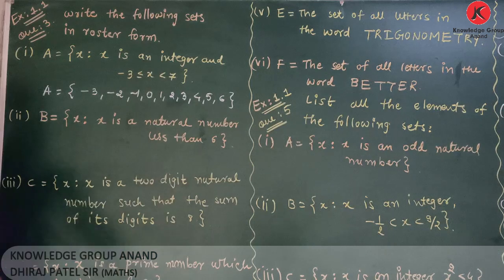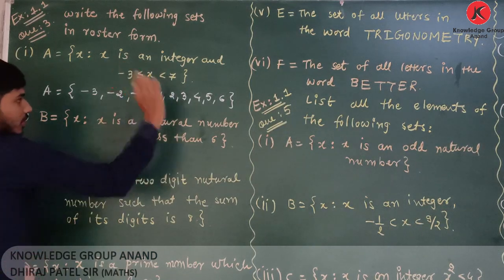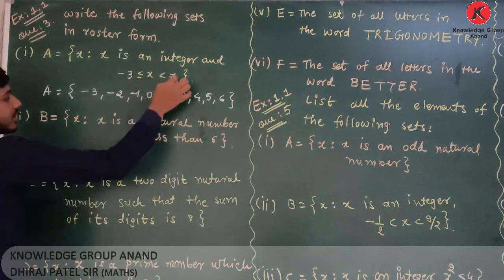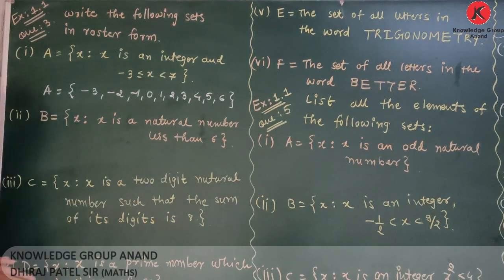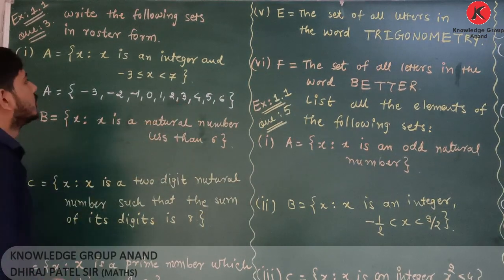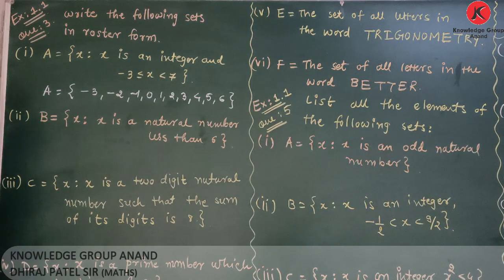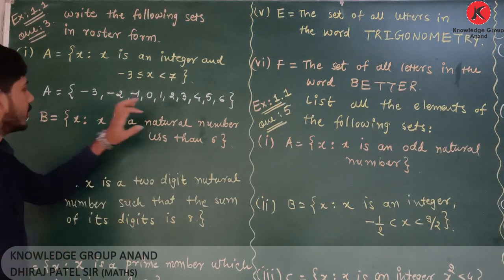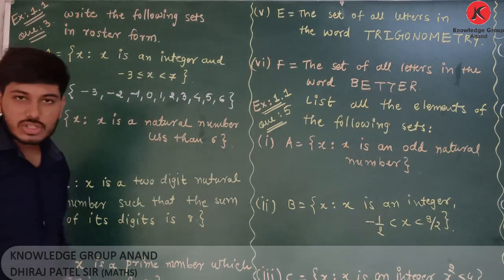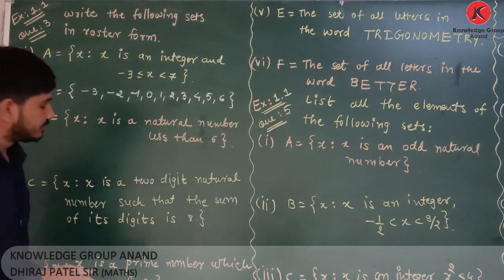Stop, because 7 has no equal to sign, therefore we can't consider 7 here. So these are the integers which satisfy minus 3 less than or equal to x less than 7. This is our solution set in roster form.